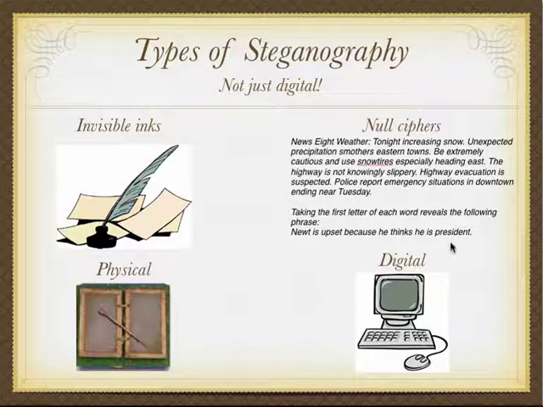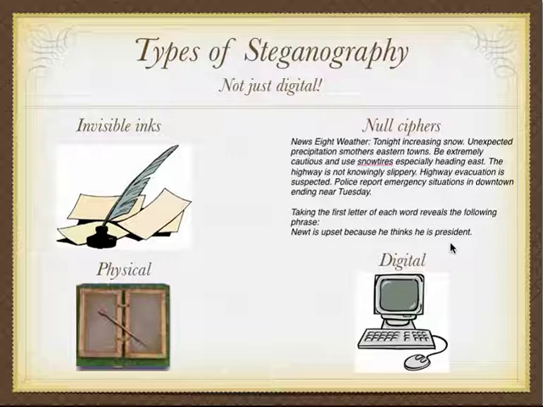And another type is null ciphers. Now, null ciphers usually fall under the category of cryptography. There are many different algorithms and ways of finding ciphers. Now, a null cipher is usually fairly simple.